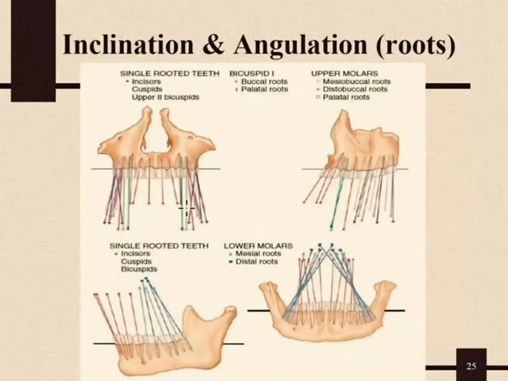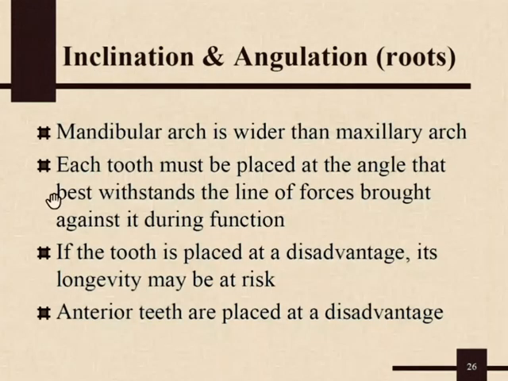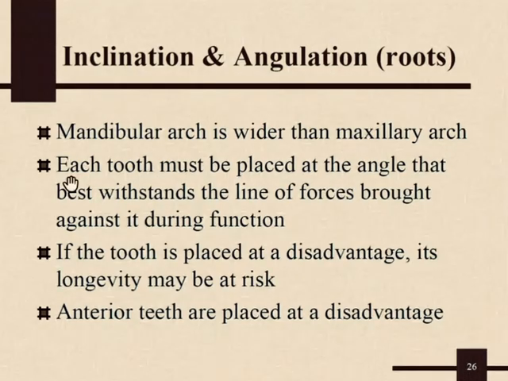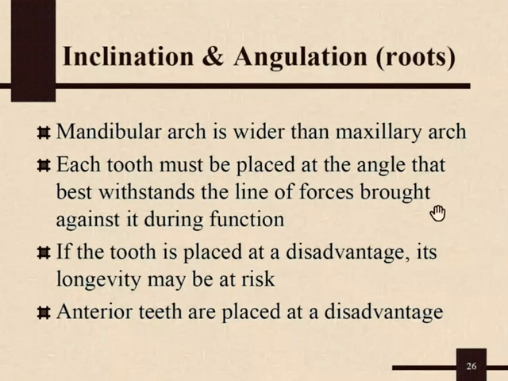This you will have to read from the book. I will give you the handout for the angulations of the roots. As we know, the mandibular arch is narrower than the maxillary arch, so each tooth must be placed at an angle that can withstand the forces.